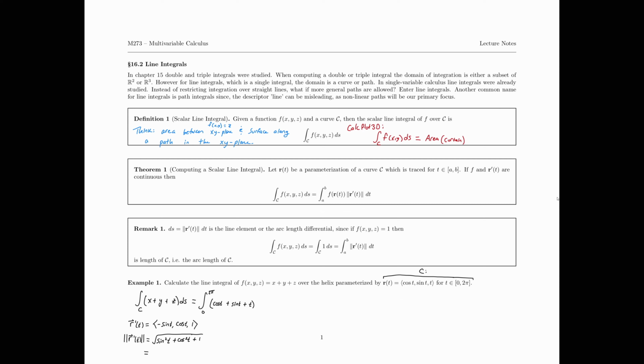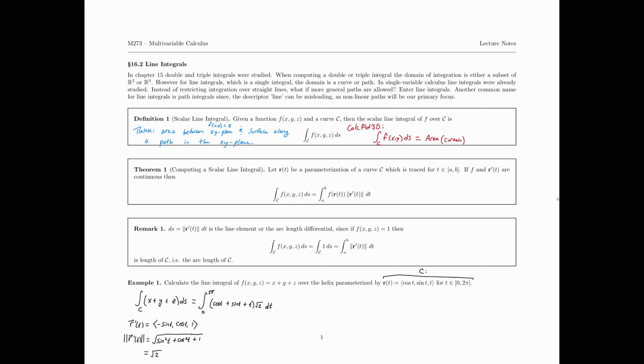And then, of course, these two are that Pythagorean identity, so that collapses down into 1 plus 1, so square root of 2. So we can take that, and that will go right here, because we're supposed to multiply by the magnitude of the derivative. So this will become a square root of 2 dt.